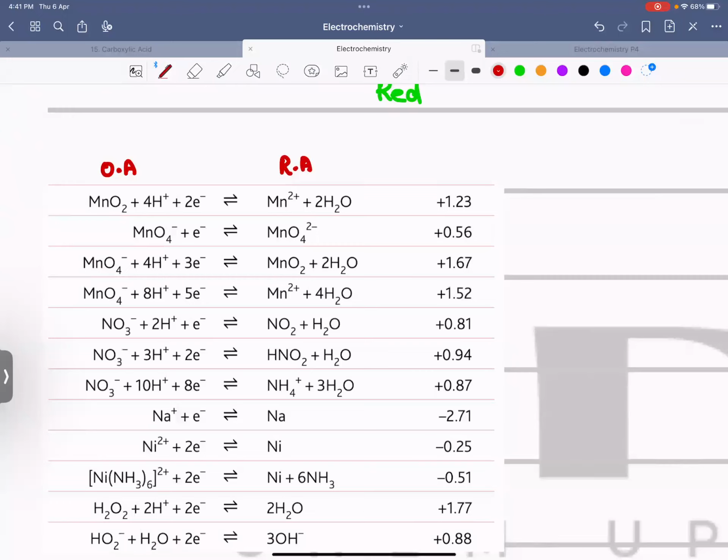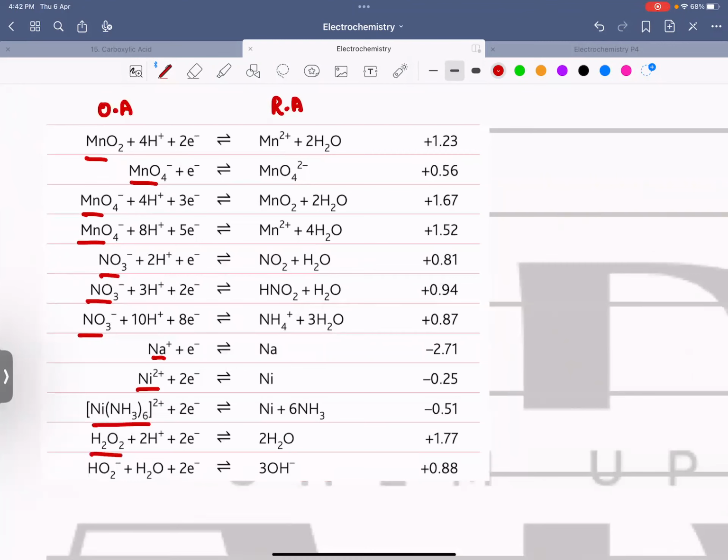I am not talking about H positive ions, I am talking about all these species. These are considered oxidizing agents because they are undergoing reduction, and these are considered reducing agents because they are undergoing oxidation.